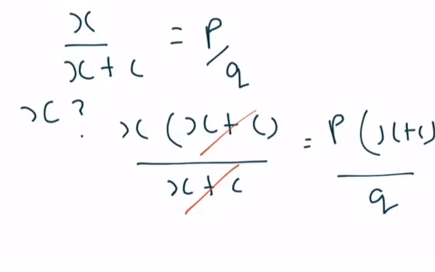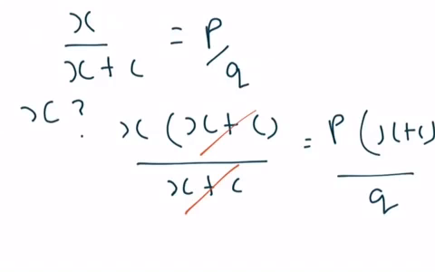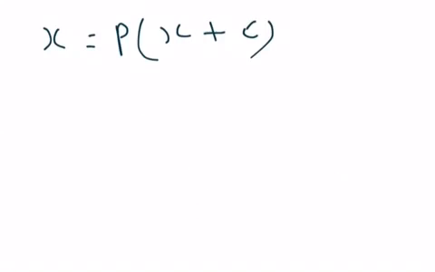So let's write this out first. We've got x equals p multiplied by x plus c divided by q.